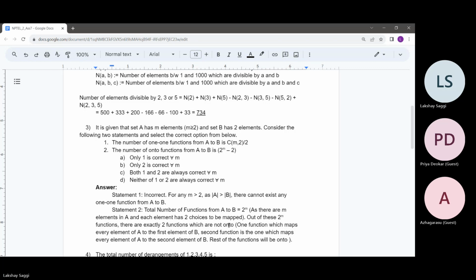So there are exactly two functions which are not onto, and this is the reasoning for that.